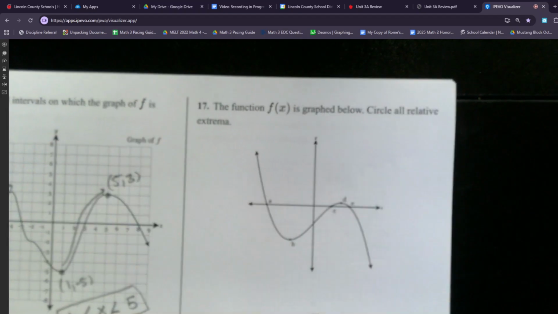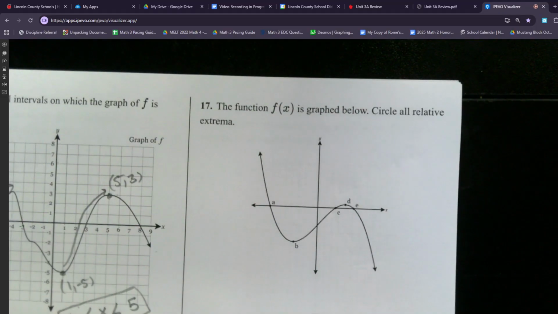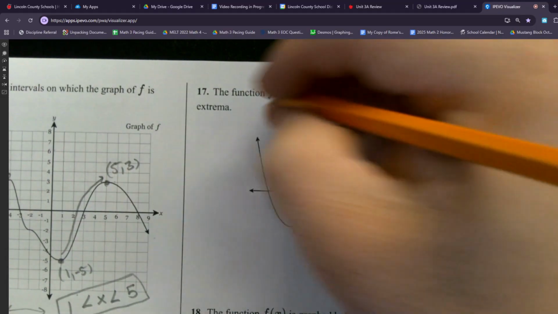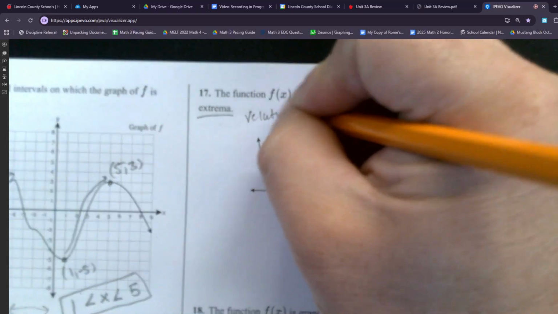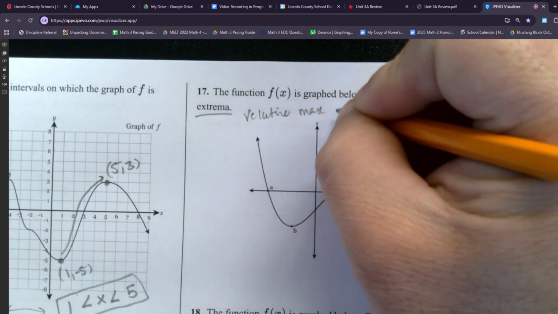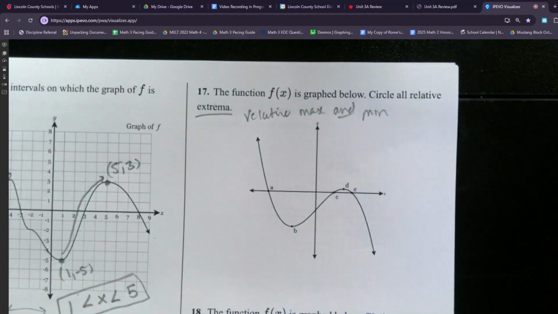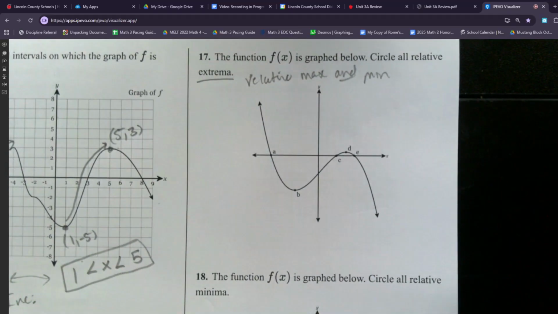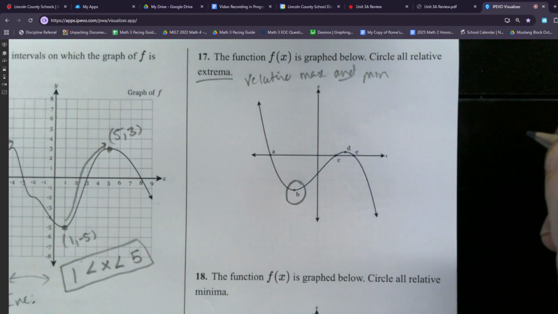Number 17. The function f of x is graphed below. Circle all relative extrema. That means max and min. If it's extrema, that means both. So that being said, there's a minimum.